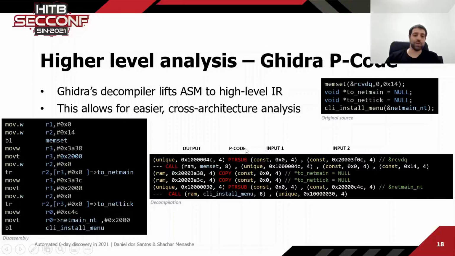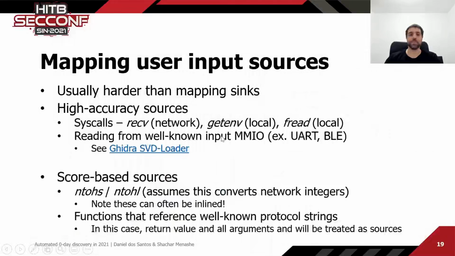So the second part would be mapping the user input sources. This is a bit harder than mapping the sinks, which we'll get to. Basically, we need to hypothesize on where user input is getting into the program. For example, there are some high accuracy sources.